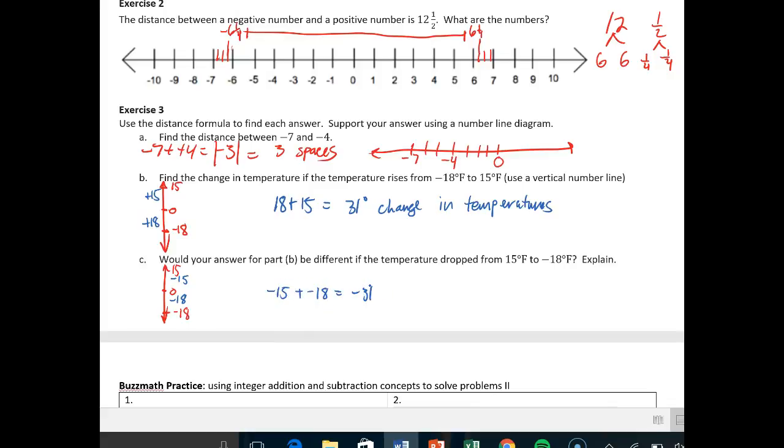So the only difference is that a drop in temperature results in saying the temperature went down 33 degrees. You could either say negative 33, or you could just say it dropped by 33 degrees. You wouldn't say dropped by negative 33 degrees. The word dropped is like your negative sign in that case.